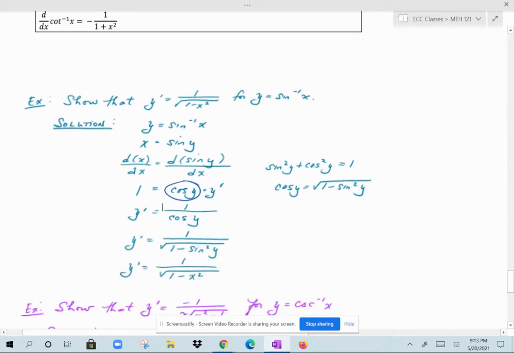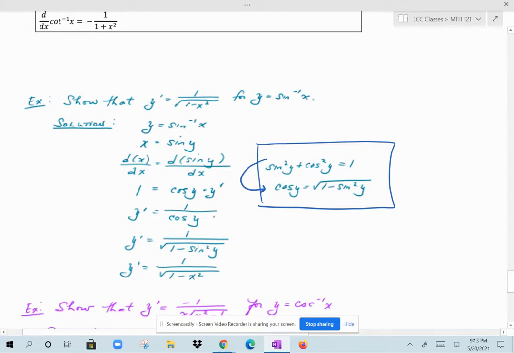Now, I know from the Pythagorean identities that sine squared of an angle, so I'm going to call it y to match with what I'm doing here, sine squared of y plus cosine squared of y is equal to 1. And if I solve that identity for cosine of y, you'll get that cosine of y is equal to the square root of 1 minus sine squared of y.